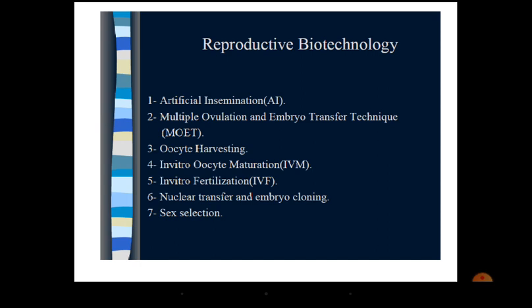But leaving aside this advanced research side, the first three, artificial insemination, MOET and in vitro fertilization, are at the implementation level and are all being used. There is no problem in that. Among these, artificial insemination is highly utilized; it is the most exploited intervention.